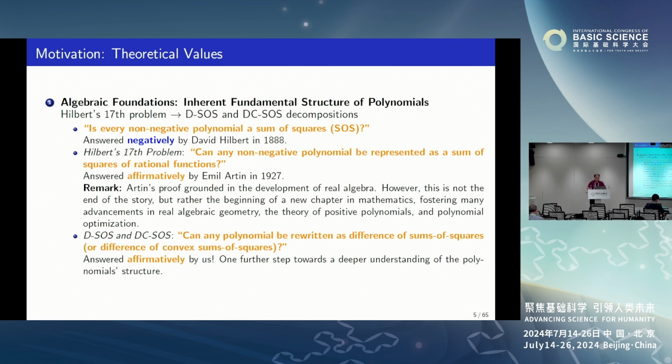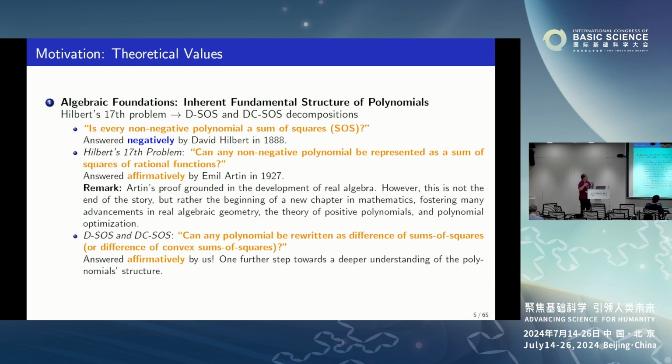Today, we are studying this question a little further, extending it to differences of sums of squares, because non-negative is just a special case of polynomial. Polynomials are not always non-negative; they can take positive and negative values.